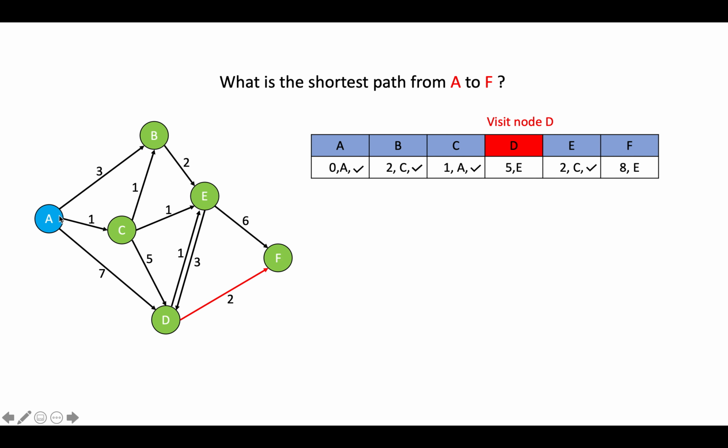So we form a new path, which is from A to C, from C to E, from E to D, and from D to I, which is of length 7, right? 2 plus 3 plus 1 plus 1 is 7, and it's less than 8. So we should use this new information to update our table, which is like this. The predecessor becomes D, right?